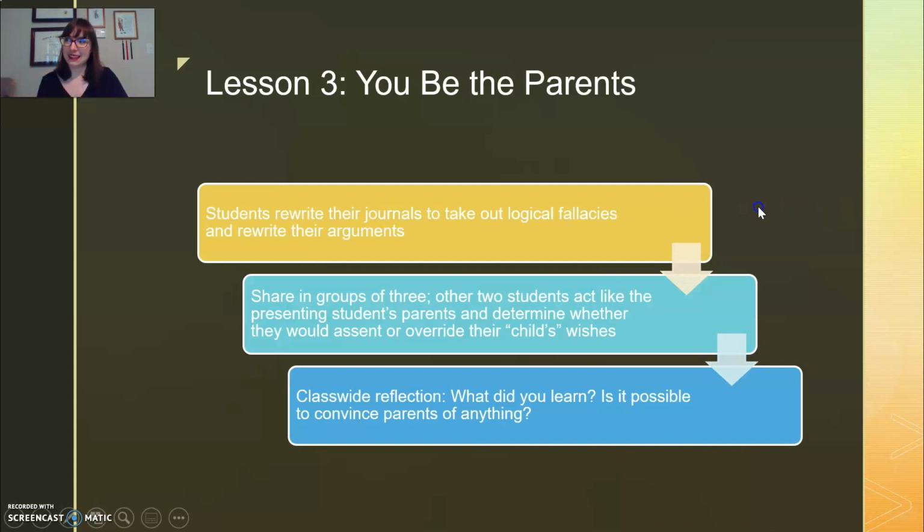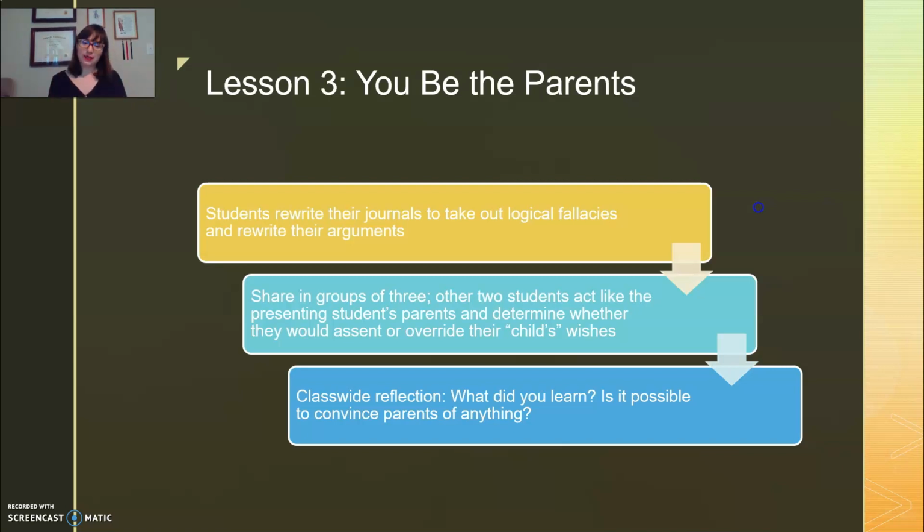Lesson 3 is going back to that argument based on what students want to convince their parents to let them do. And then students would rewrite their journals to take out any logical fallacies, rewrite their arguments, basically make it nice and solid. And they'd share in groups of 3.